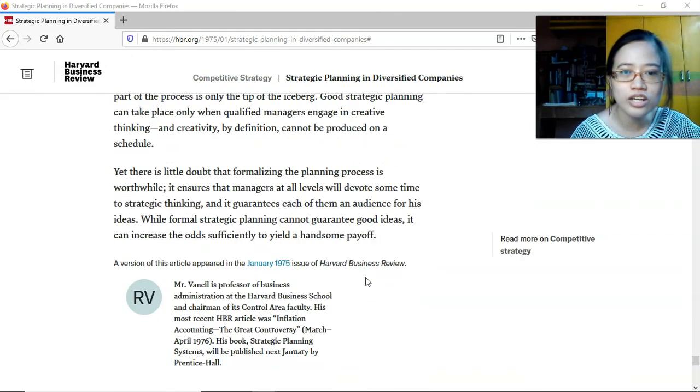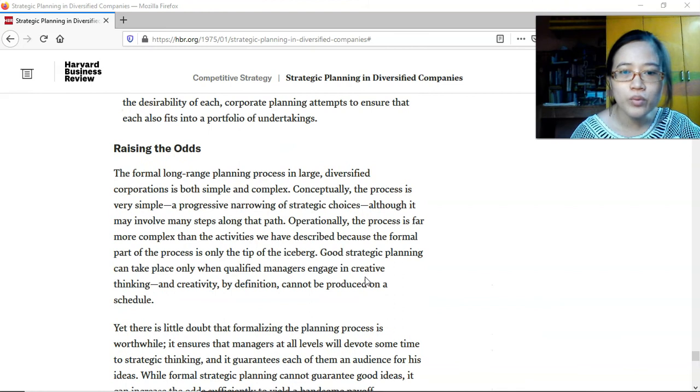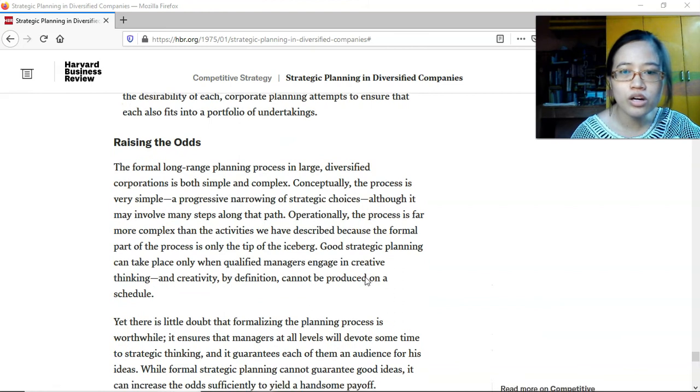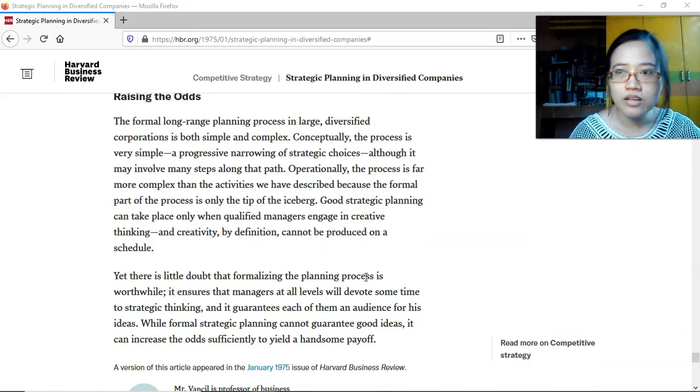Meron yung isang section dyan na nga sinasabi, when you present your proposals to the top management, normally you also provide your reasoning for choosing that particular program, and then you also provide a list of the alternatives that you've also thought of.